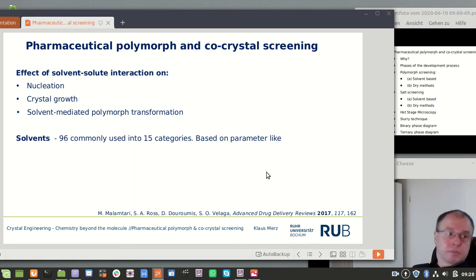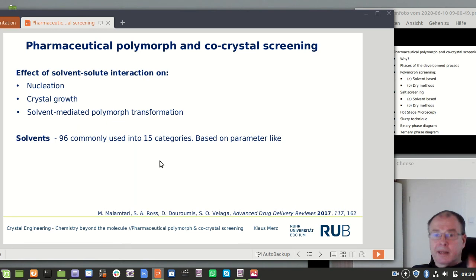If you really want to check in detail the polymorphic and crystallization behavior of your product, you should look in a database of solvents. Normally there's a database of about 100 solvents, and they are categorized in 15 classes.